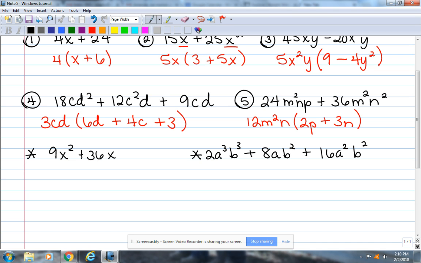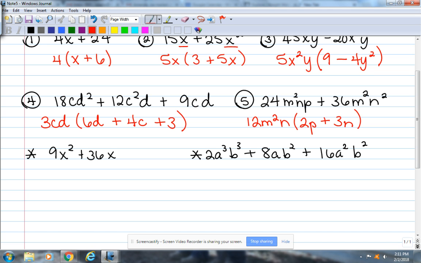I need a little help over here. First, what's the largest number it goes into? The bigger one. 6. 6 don't go over. 4 don't go into 9. 9 goes in 36, huh?